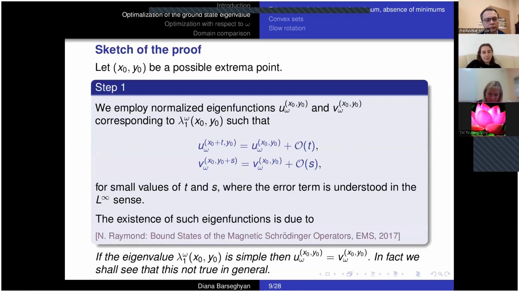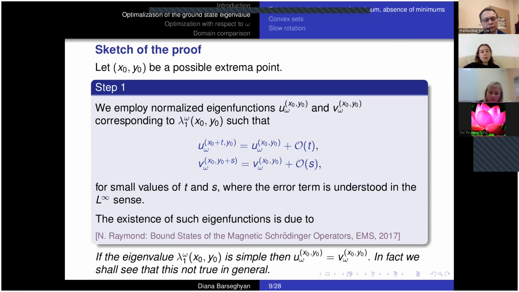Next, please. We give a sketch of the proof of this theorem, that it has no minimum. Suppose that (x0, y0) is a possible extremum point, and we are going to prove that it should not be a point of minimum.